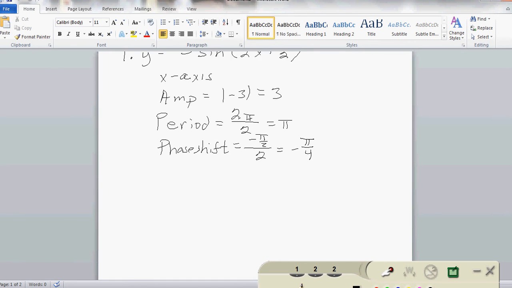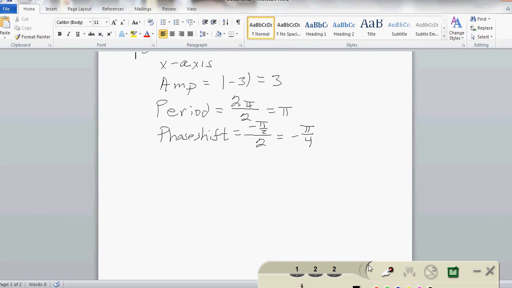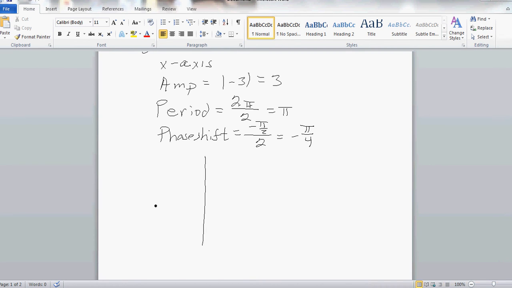So give myself just a little bit more room. I know the amplitude is going to affect my y-axis, so we'll go up 3 and down 3.